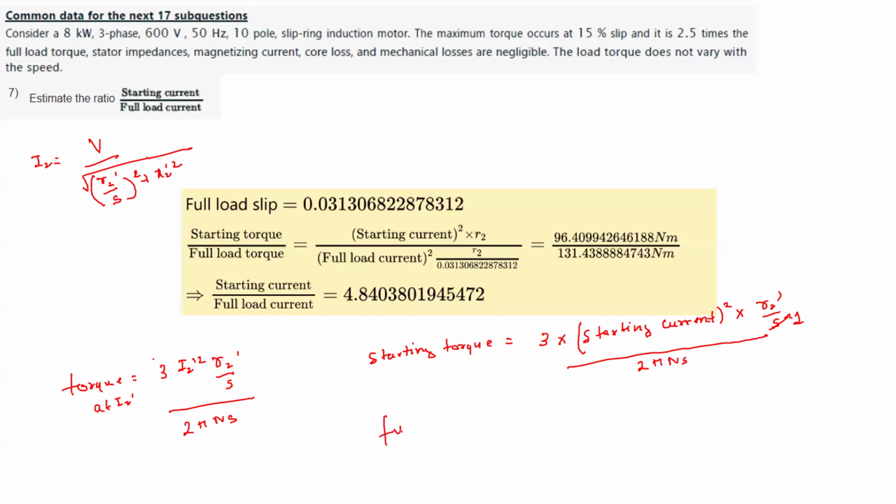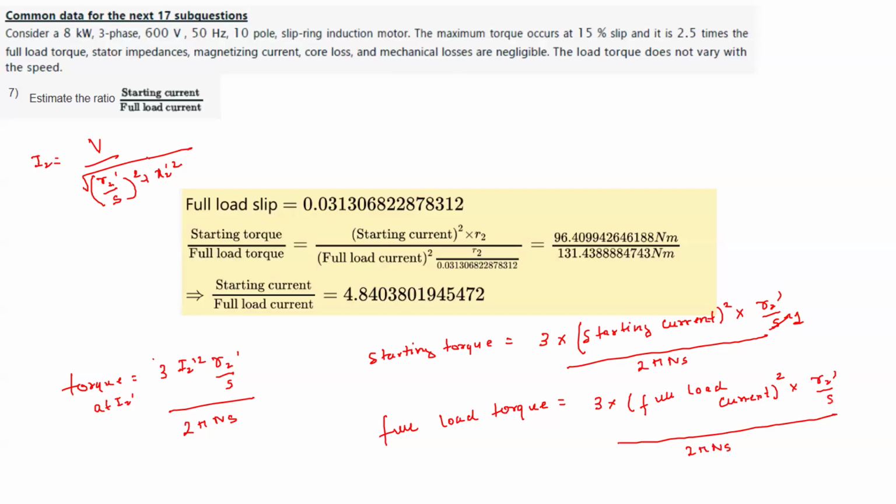And the full load torque is 3 times the full load current square into R2 dash by S divided by 2 pi ns, because if I put the full load slip in the I2 expression, I get the full load current.